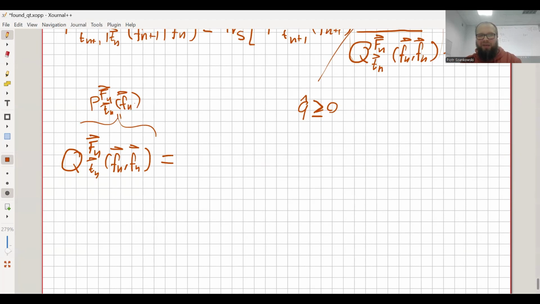They are equal things. But this thing, I can write as a sum over Fn plus 1. So I'm using now essentially the law of total probability.